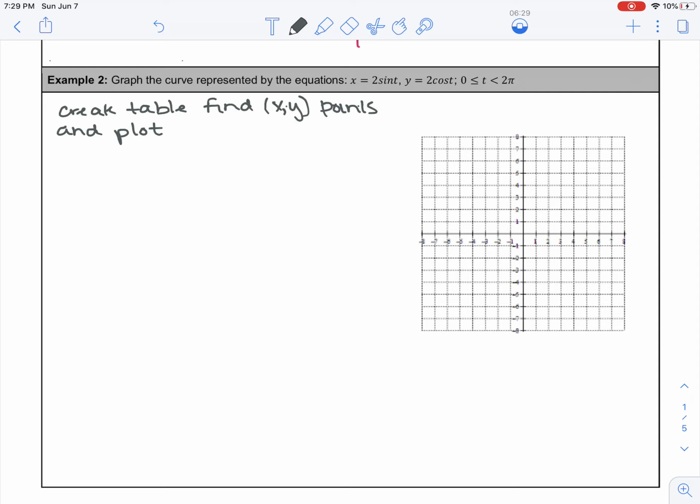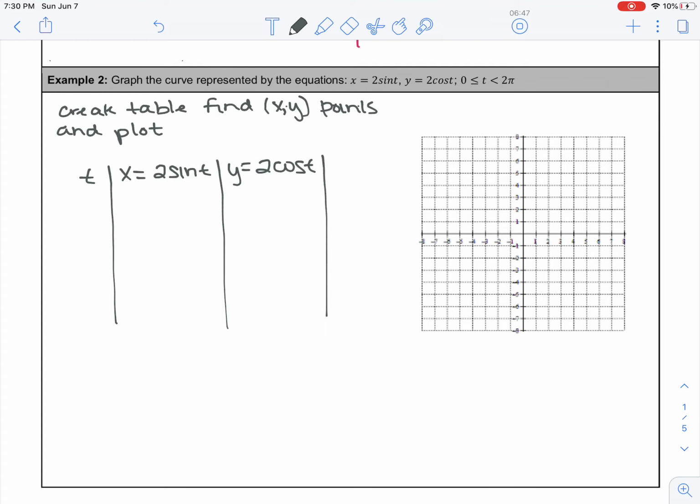So as a reminder, our table starts with a column for t, then we leave space to write our x of t parameter, so x equals 2 sine of t in this case, and y equals 2 cosine of t.